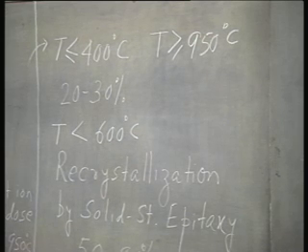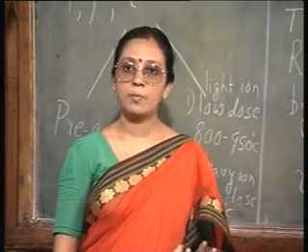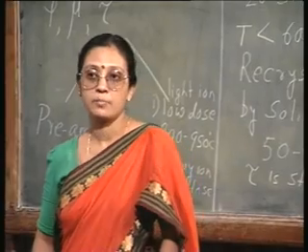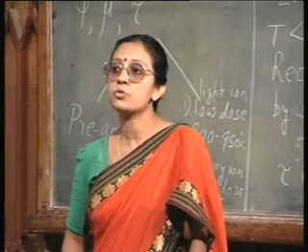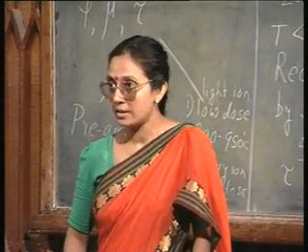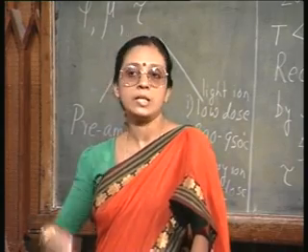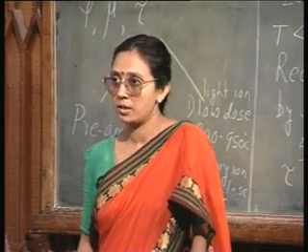So, what I am trying to point out is pre-amorphization is not a bad thing. In fact, in some cases it can be used to your advantage. In order to get lifetime recovery, anyway you have to go to 950 degree centigrade or above.